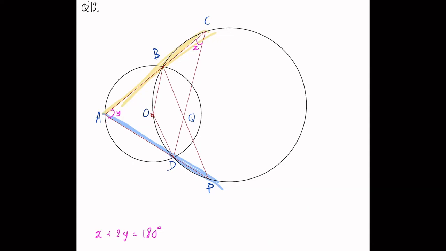Angles in opposite segment. That's the one. So you look at the diagram, and angles in opposite segments require what shape? What quadrilateral? Cyclic quad. Correct.